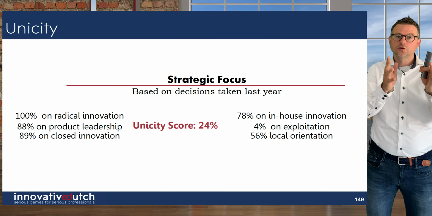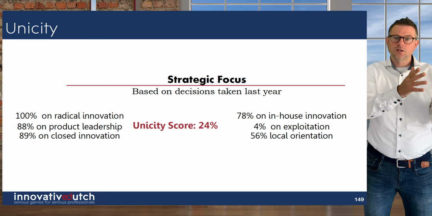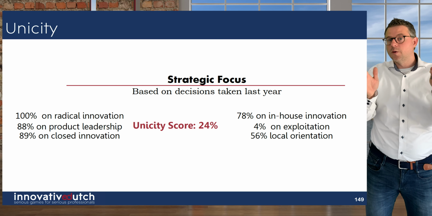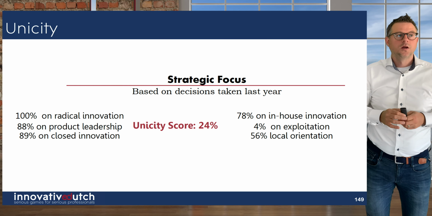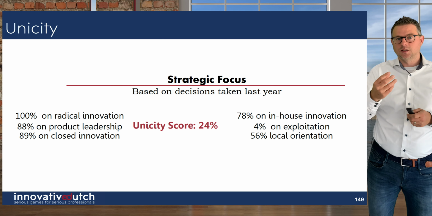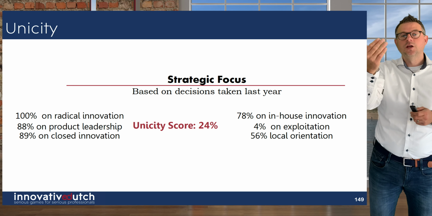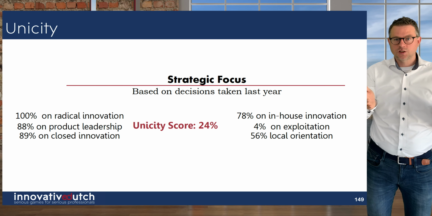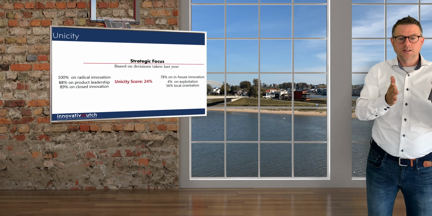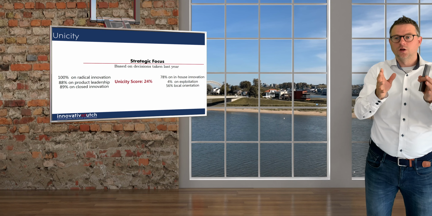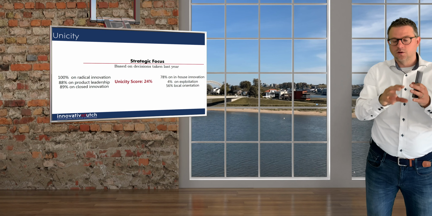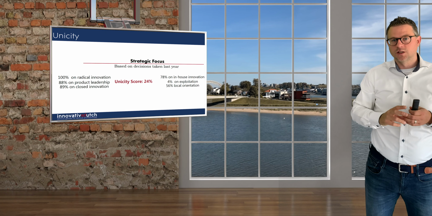So it does also mean that if you change around your strategy, your unicity score will change very radically. You can go in another direction and you will see it here immediately after. It's also very much dependent on the budget that you have. If you have a high budget, you will be able to take a lot of different decisions, and that will mean that you will basically push other teams to the mid spectrum of the unicity score, where you will have a very high unicity score.